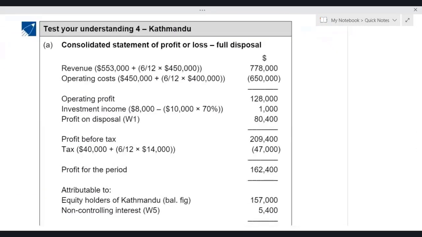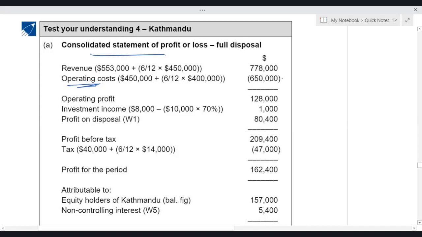Here it is. Consolidated statement of profit and loss, full disposal. Parent's revenue: since we have sold the subsidiary after 6 months, that is why 6 by 12, line by line consolidation. Operating cost: in the question, they have used the terminology operating cost, so the same term is used here.